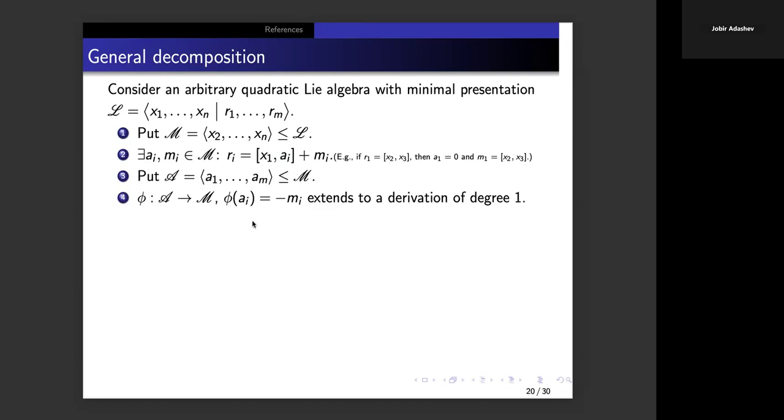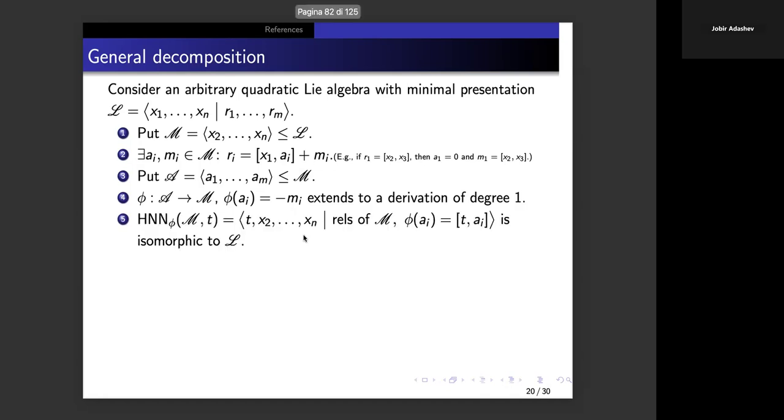And this derivation here is defined so that, of course, in the HNN-extension, it will clearly equal the adjoint map of X1. So we put phi of A1 equal to minus M_i. And finally, the HNN-extension of this data is precisely the Lie algebra L.